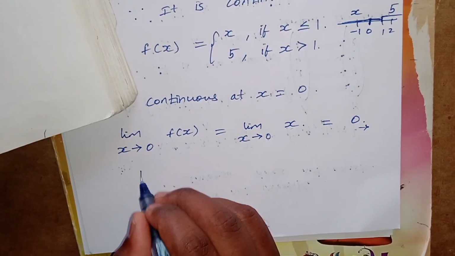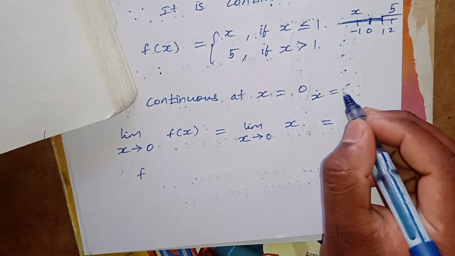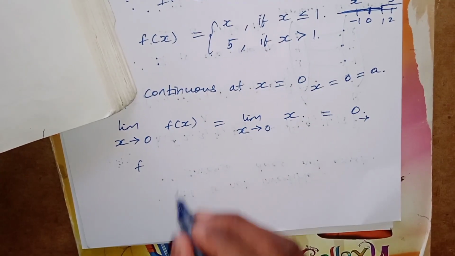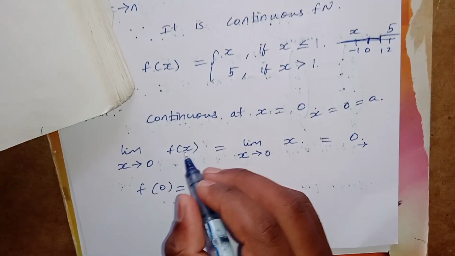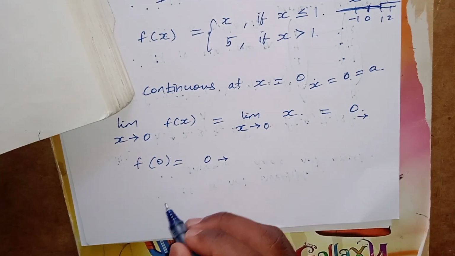Okay, next f of a. F of a is nothing but the point is given. This is my a. Okay, therefore here f of 0 is nothing but in the place of x you should substitute 0. Okay, therefore these two are equal.